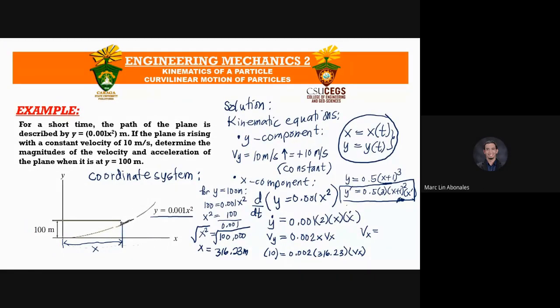Okay? Since it is positive, it acts along the positive x-axis. So your Vx is equal to 15.81 meters per second going to the right. Okay? So we have Vx and Vy, and then we can determine the magnitude of your velocity.